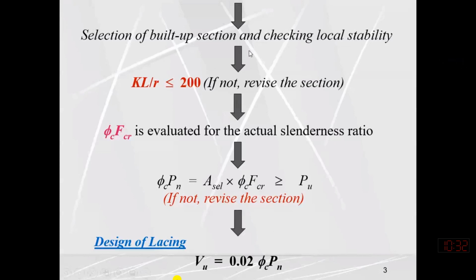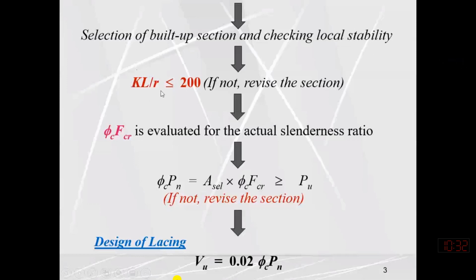And then after selecting the trial section, we apply the local stability check, lambda f and lambda, to check the stability of the stiffened element and unstiffened element. Then we compute the overall slenderness ratio, which should be less than 200.